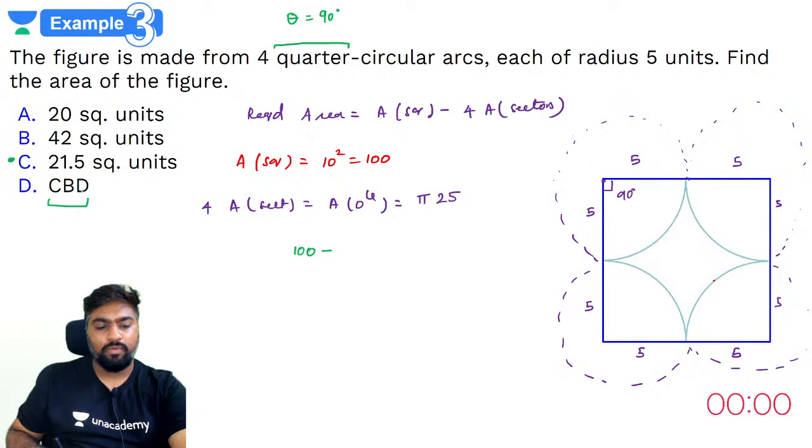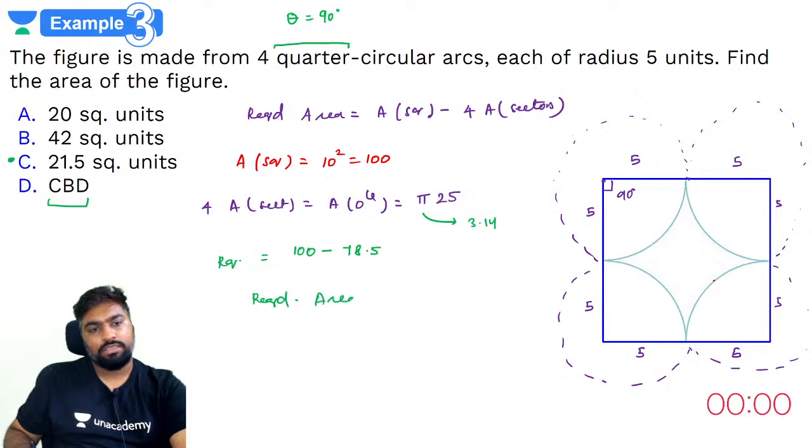So 3.14, let's assume it, into 25 is what? 78.5 approximately, assuming pi to be 3.14. Yes, so the required area is how much? 21.5 square units. Got it?